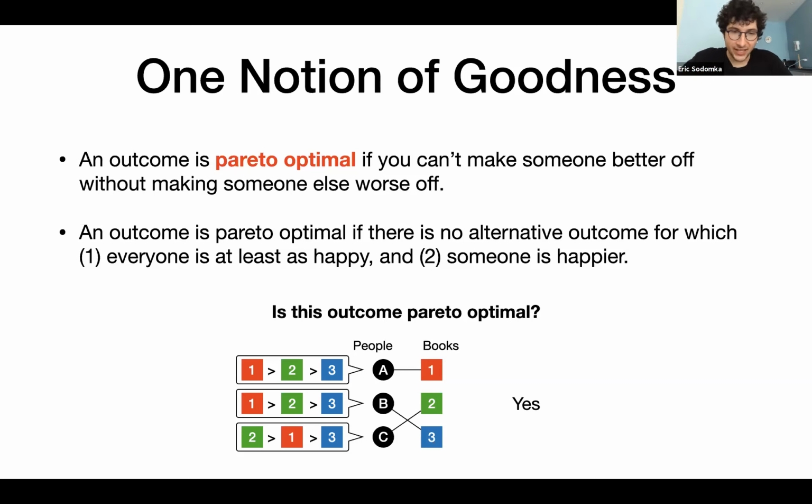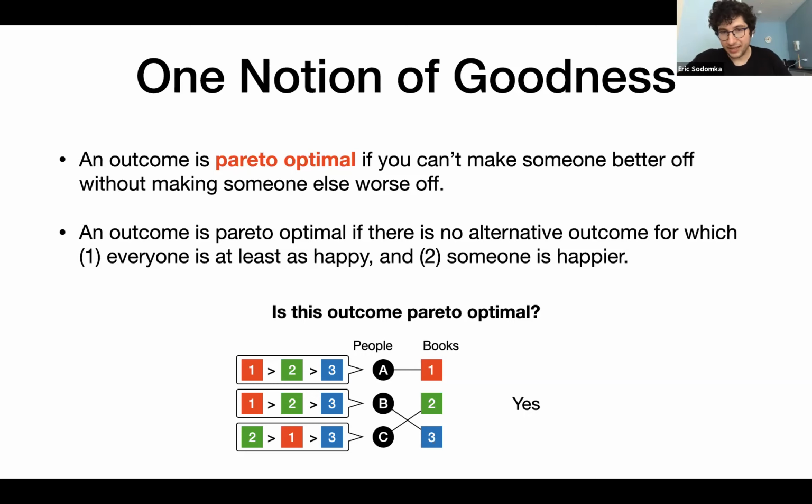A is getting exactly what they wanted. C is getting exactly what they wanted. B is not getting what they wanted. In fact, they're getting the worst possible thing, their least favorite thing. But still, there's no way to improve B's situation without making somebody worse off, right?